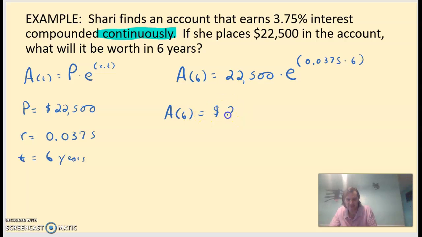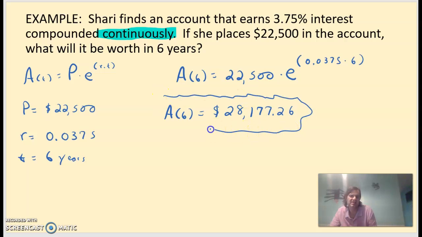And I'm getting a total of $28,177.26. Again, I deal in money unless you're told otherwise. I take it to 2 decimal places, meaning pennies. All right, thank you.